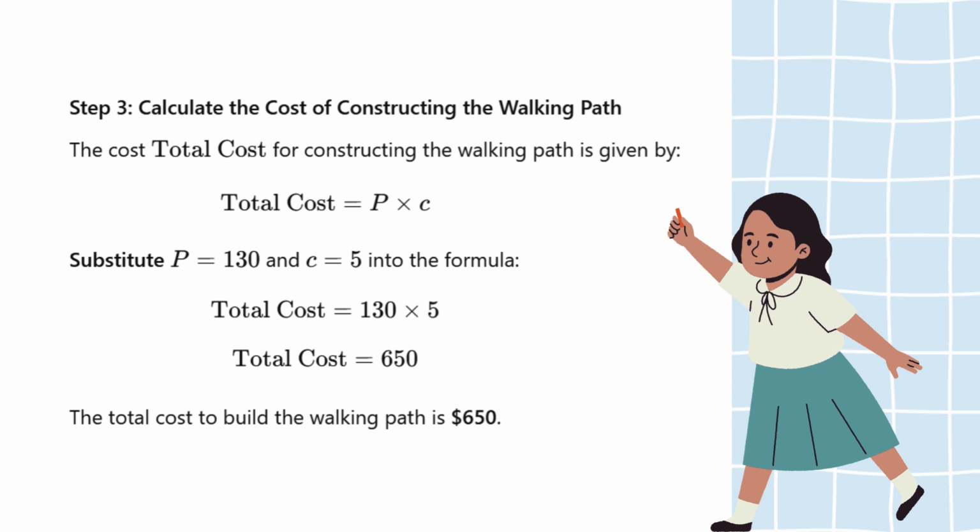Now the third part, from the answer of 130 meters just now, we know that the cost is $5 per meter. Just multiply that with the perimeter, and finally we get the answer of $650.